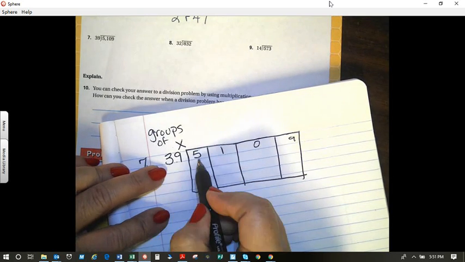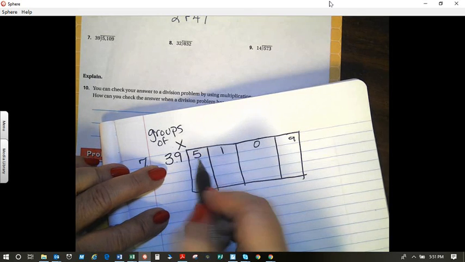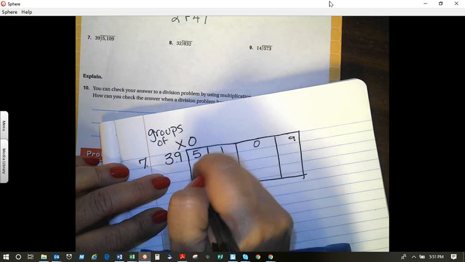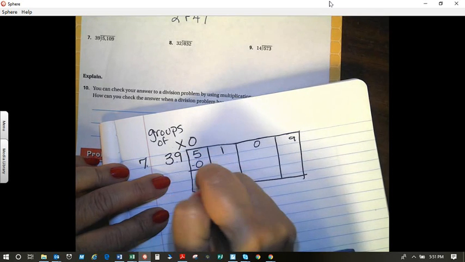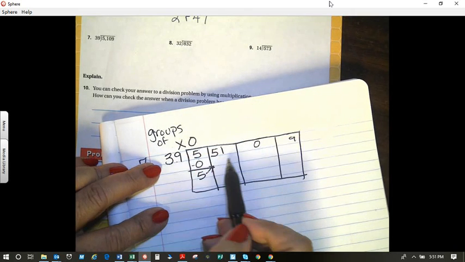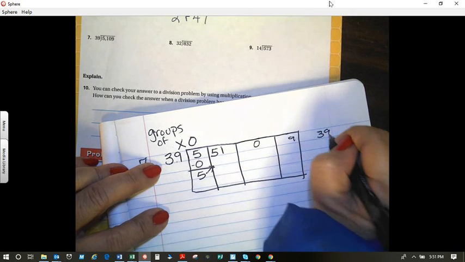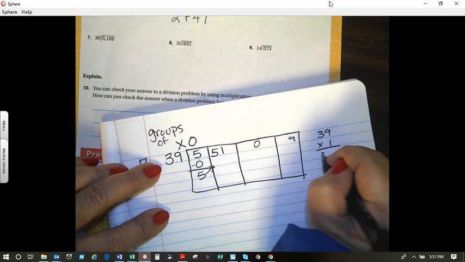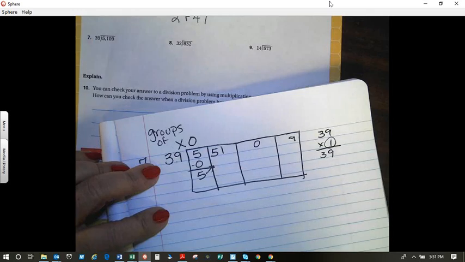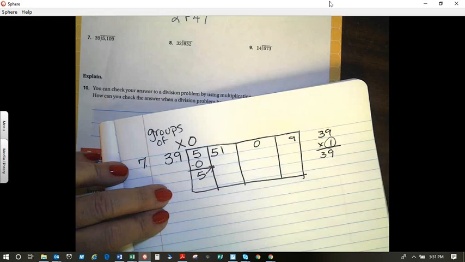39. Can 39 go into 5? No, it's way too small. So it's going to be 0 groups of 39 equals 0, and I subtract that out. Bring my 5 up. Well, look at this. 39 times 1. I'm doing it this way because some of you are forgetting that one group of 39 or one group of something can go into a number as long as it's larger.